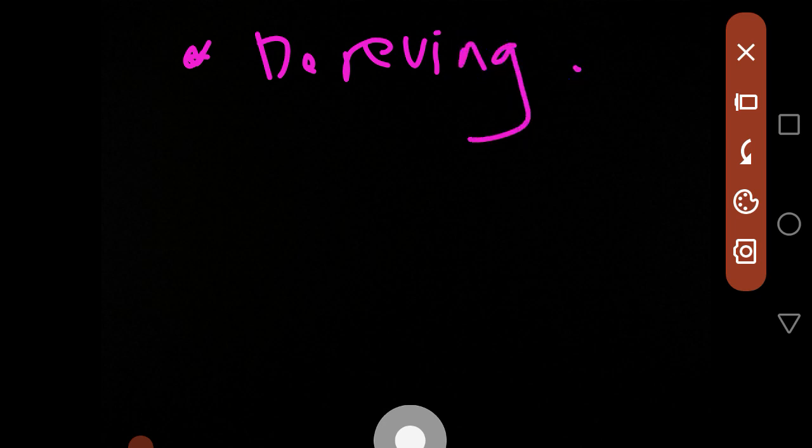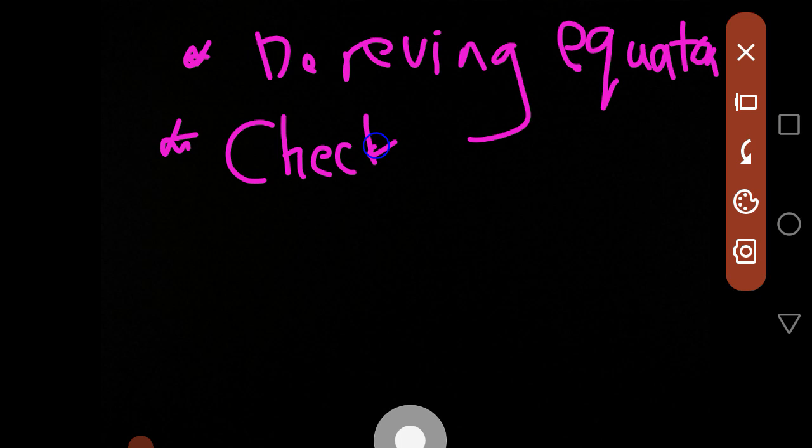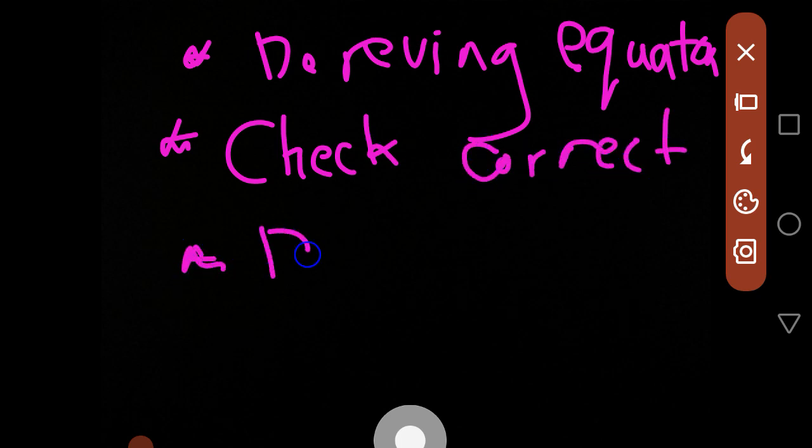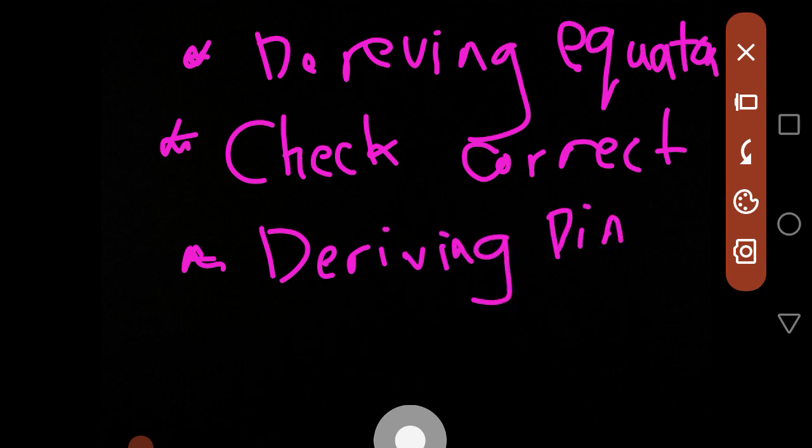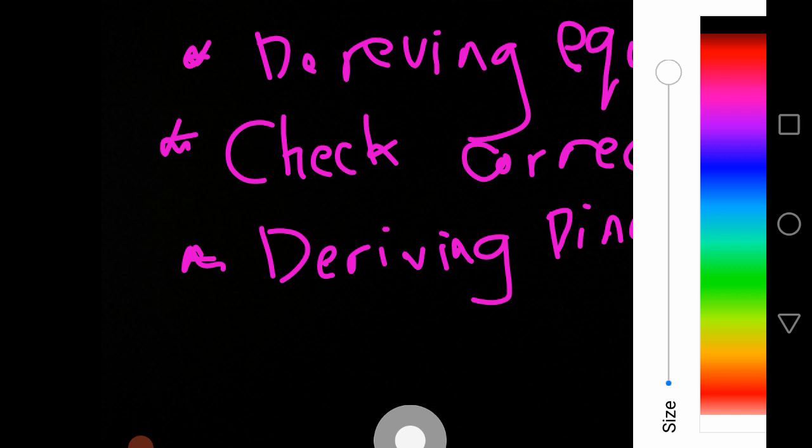Then the other one can be checking if an equation is correct or consistent. And the last one is deriving dimensions of a physical quantity or a constant. So those are basically the main uses of dimension analysis, and these are the ones that are mostly examined. For today, we're only going to look at this one.